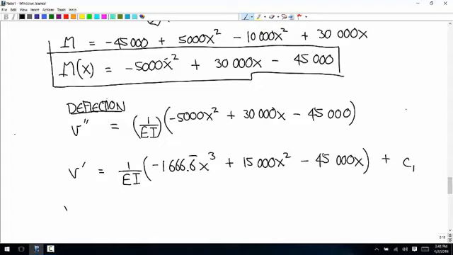And integrate again, and you get that v, the deflection as a function of x, is 1 over EI times the quantity, what's that divided by 4?